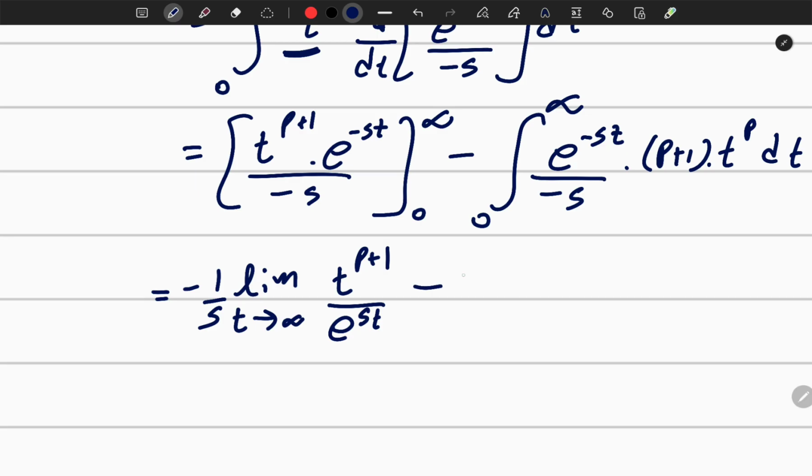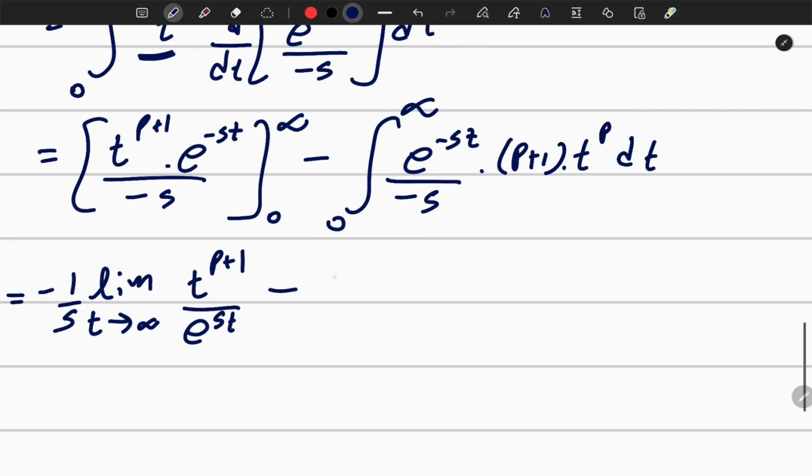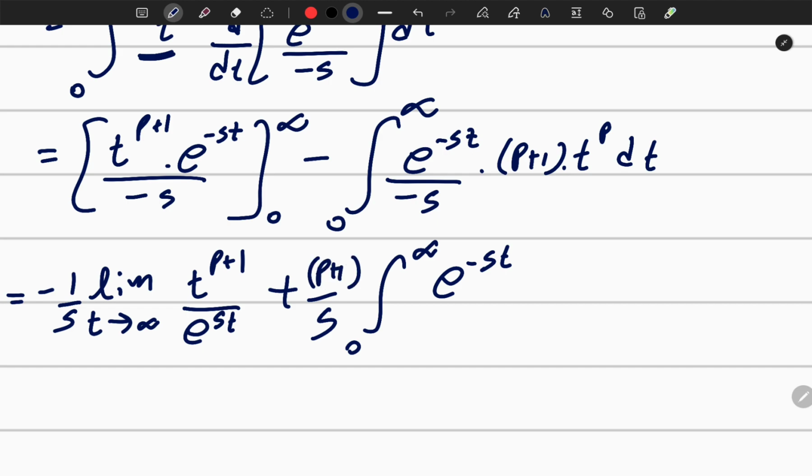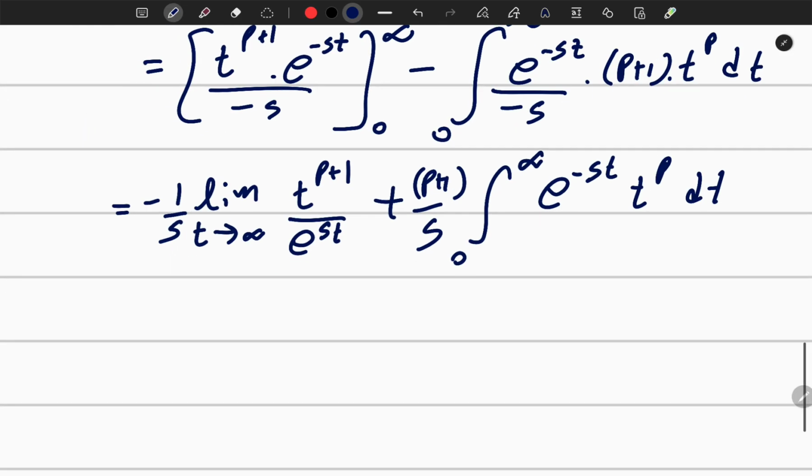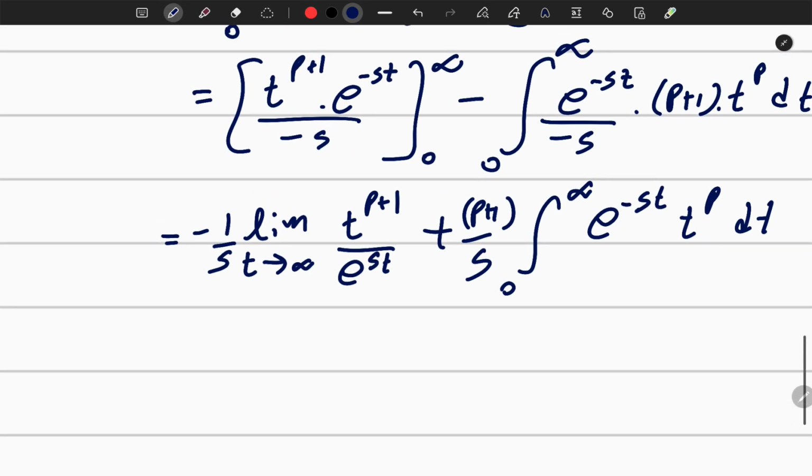Minus, here also it is a constant, so I can take that out: the integral from 0 to infinity of e to the minus st. p plus 1 is also a constant, so p plus 1 over s, dt. There is also the 0 term.